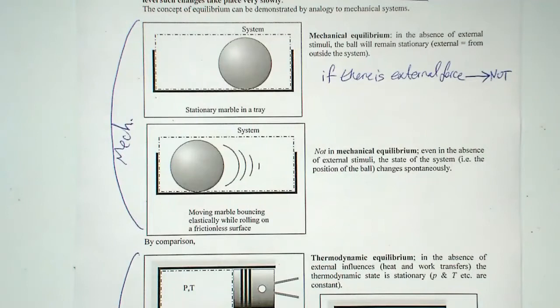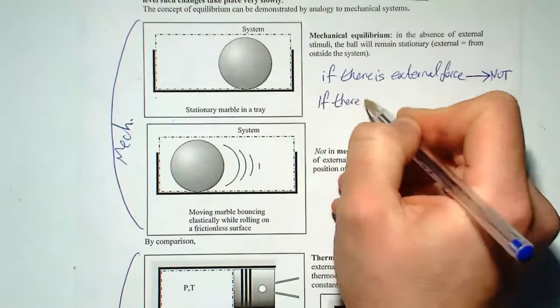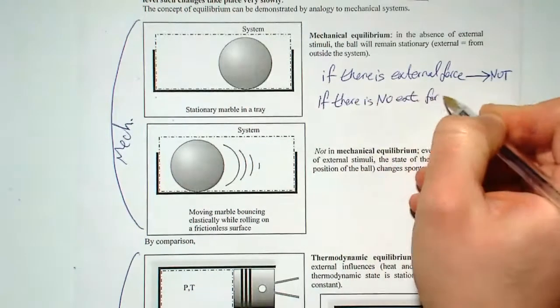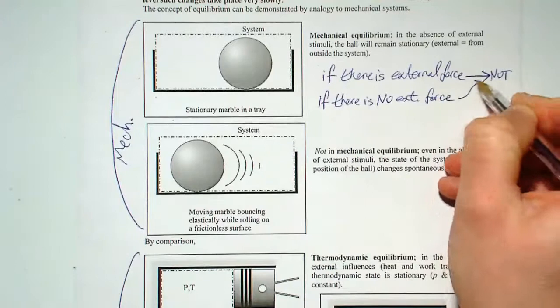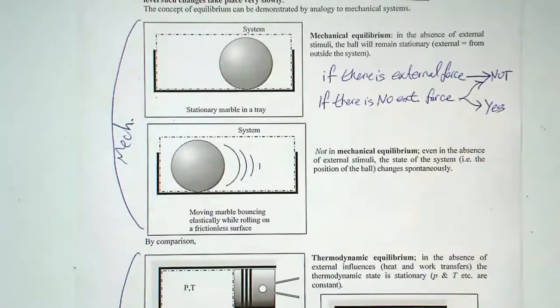That's just logical. If there's no external force, actually it could be no equilibrium, or it could be equilibrium. And we'll see why in this case.